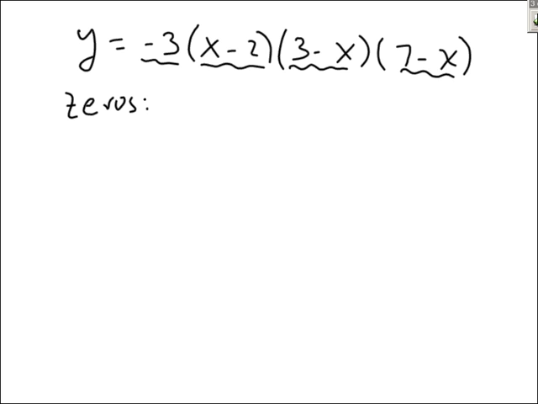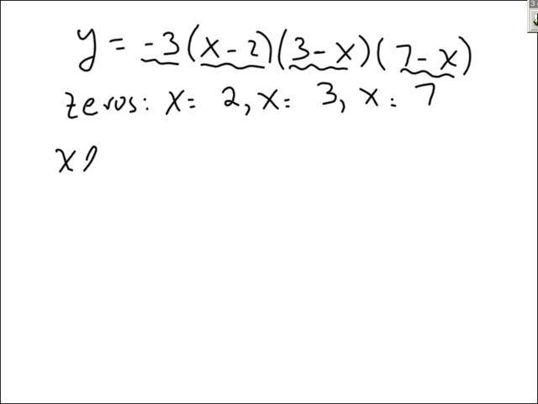They are the things being multiplied. Negative 3 is never 0. X minus 2 is 0 when x is 2. 3 minus x is 0 when x is 3. 7 minus x is 0 when x is 7. So those are the zeros: x equals 2, x equals 3, x equals 7.